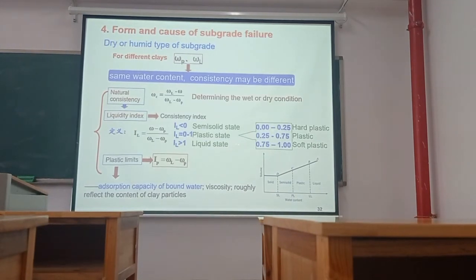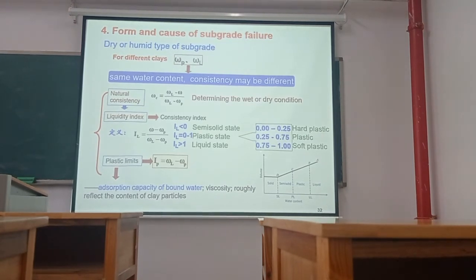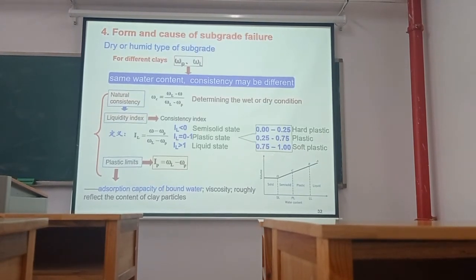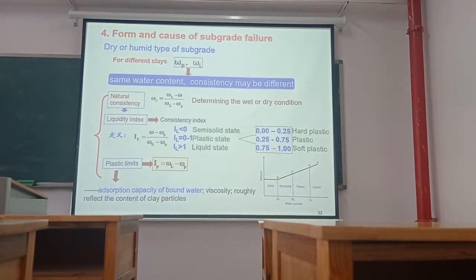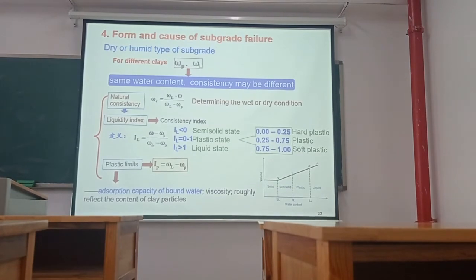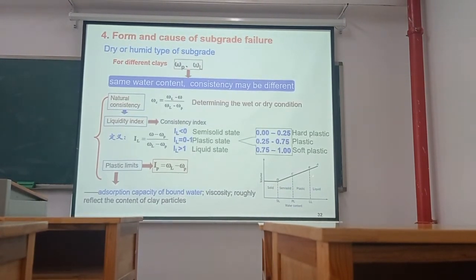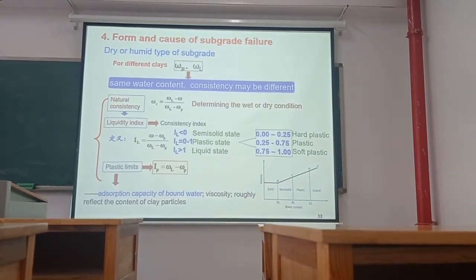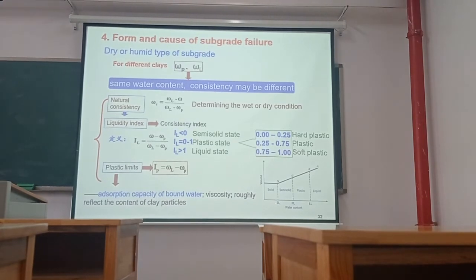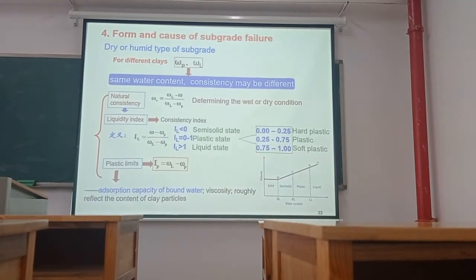And we can divide the plastic state into 3 different grades: hard plastic, plastic, and soft plastic. From this picture, when the water content of soil is at the shrinkage limit, it is in solid state.